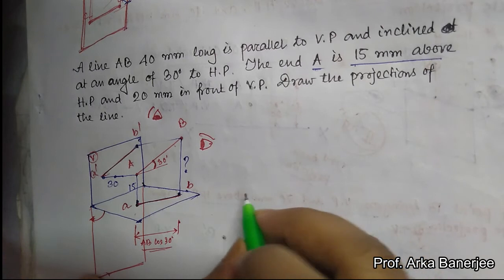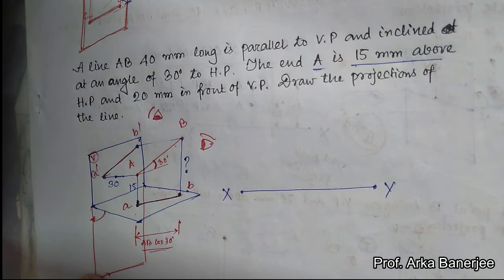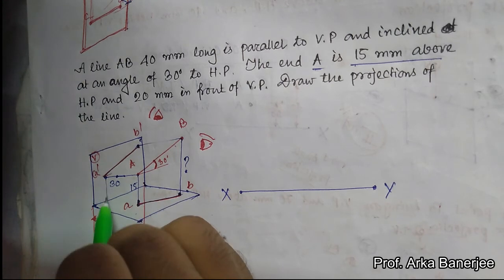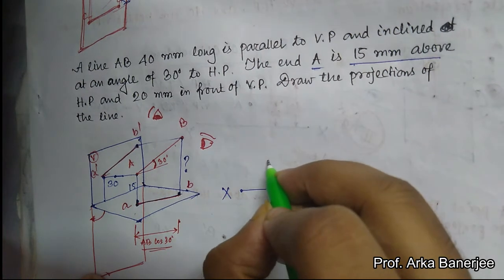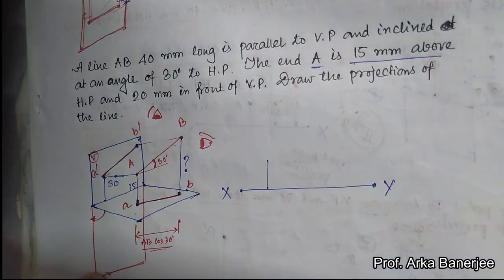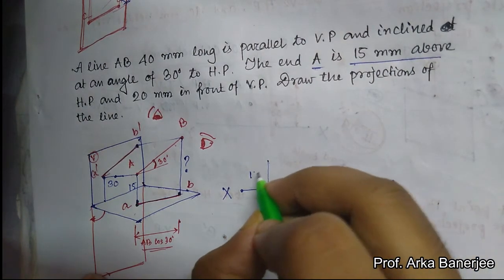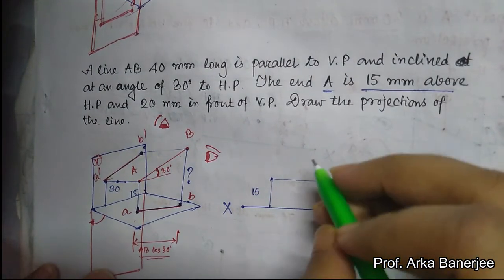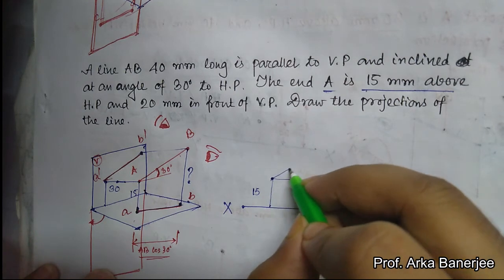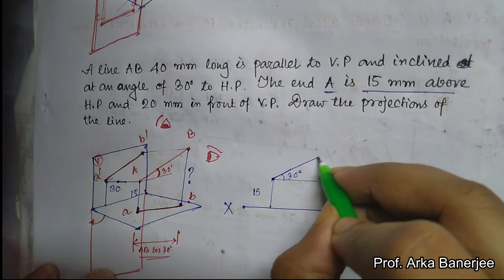So directly this time we are drawing XY reference line or principal axis, and let us start with this point A. So from reference axis, take a very continuous thin line at a distance of 15 millimeter, then draw an angle of 30 degree here, and this 30 degree line will be how much length?